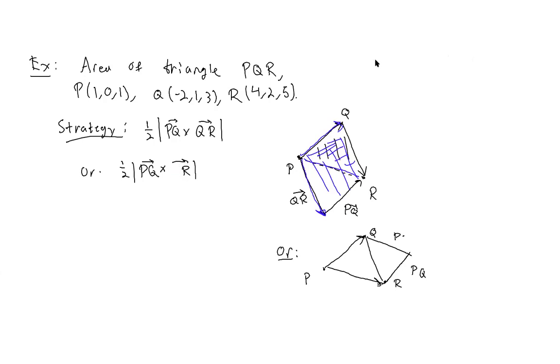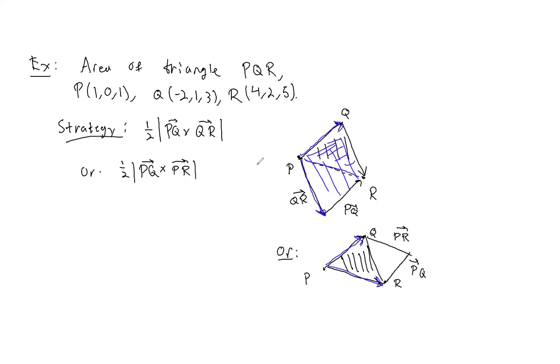PQ cross PR. And now you have a triangle with this parallelogram, but once again, it's going to be the exact same area that we're interested in. Right? In this case, we're focusing on these two vectors with their tails attached. So it doesn't matter in particular.